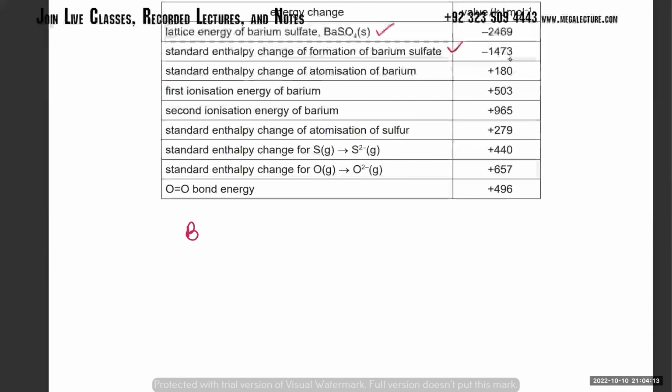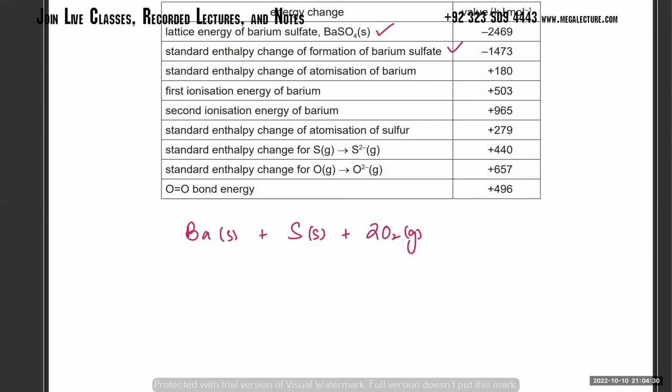You've got barium solid, plus sulfur, which is solid, plus oxygen, which is gas, and this is forming barium sulfate, which is a solid. And that enthalpy of formation is this one. It's minus 1473. Is this clear?